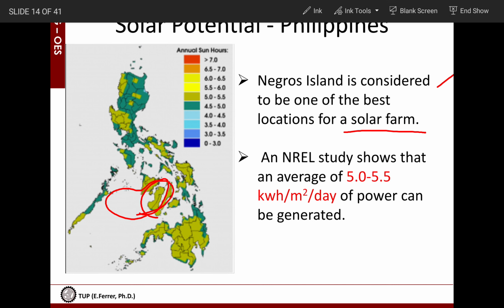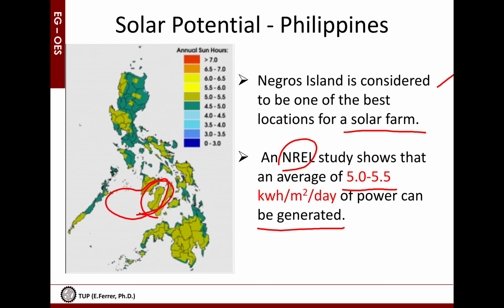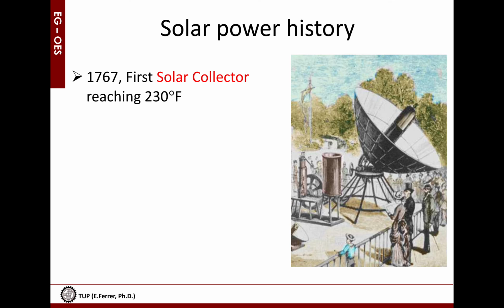According to an NREL study, an average of 5 to 5.5 kilowatt hours per square meter per day of power can be generated from Negros. Wow, that's good.